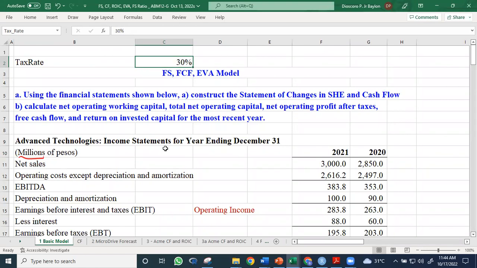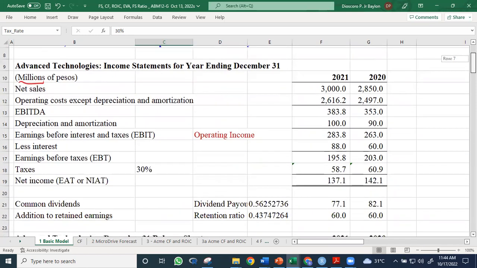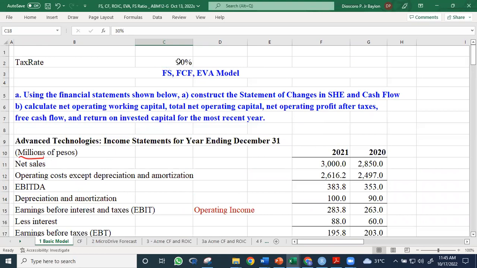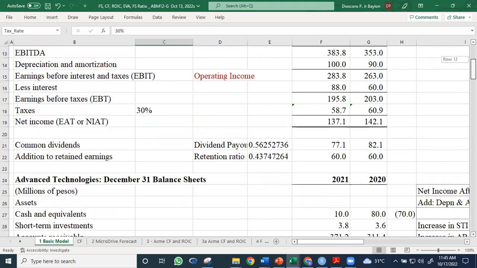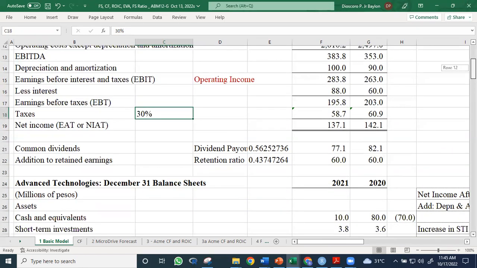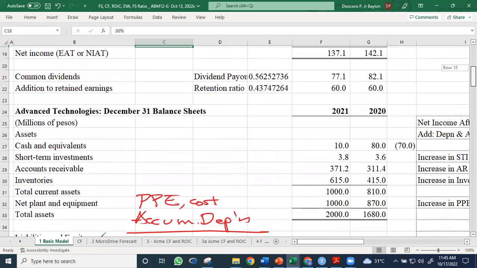question nga guys, did we give a name to our tax rate here in this file? Kasi I might be using a different file. Or did we use this? Itong 30% na to. I think we use this. Right, class? So the tax rate we're using is 30%, but I'm just not sure if we use this one or this one as our tax rate. Feedback, please, class.